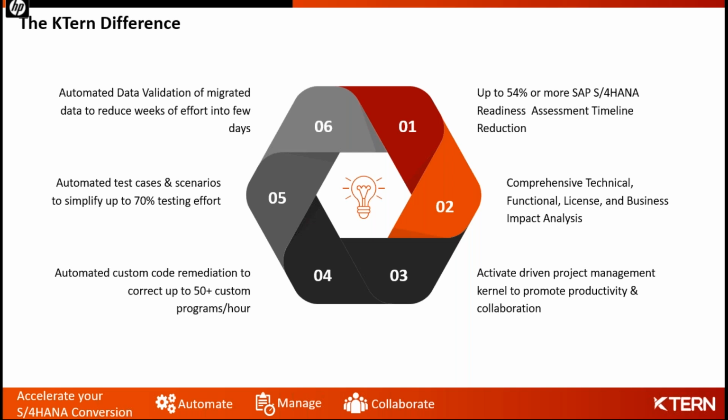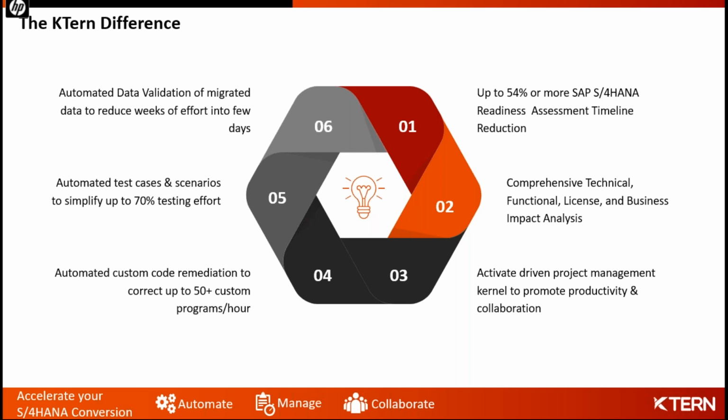And many customers, once they get that information, do not know how to make the next step. So what we do is we've already given you a project plan post that, so you know the next step and how to go about it. And this is completely done with the Activate methodology, and you would see KTern pitching in and adding value to every phase in the conversion project.